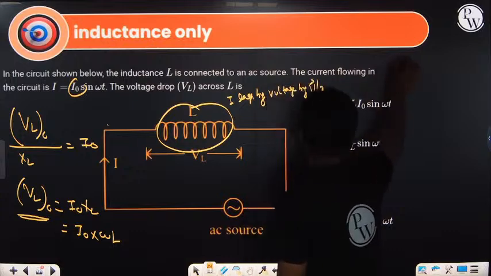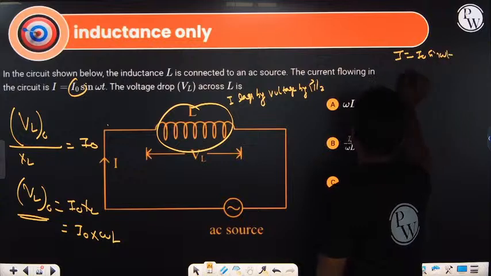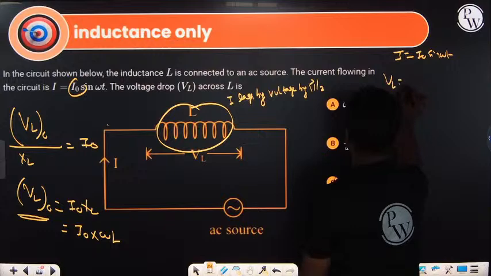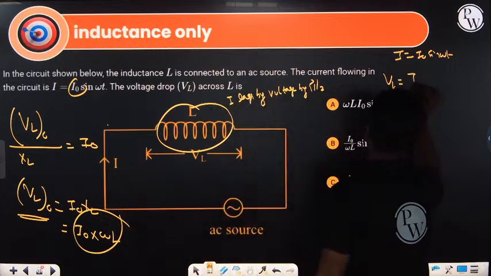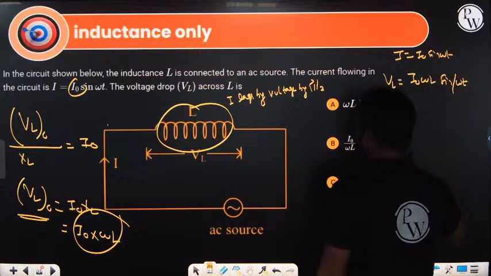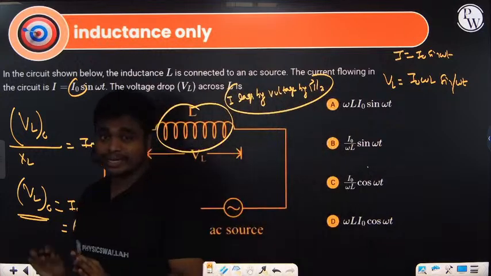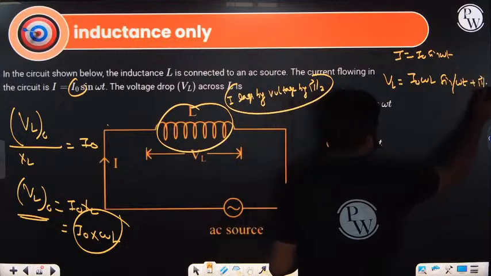So if the expression for I is I naught sin omega t, the voltage across this inductor will be VL equals the maximum value of the voltage, I naught into omega L, sin of omega t plus pi by 2, because current is lagging, so voltage is leading by pi by 2.